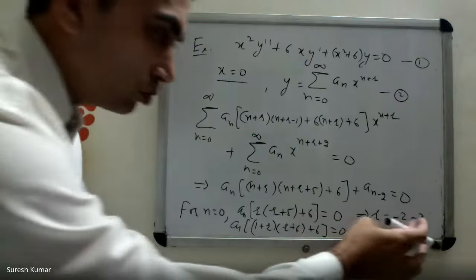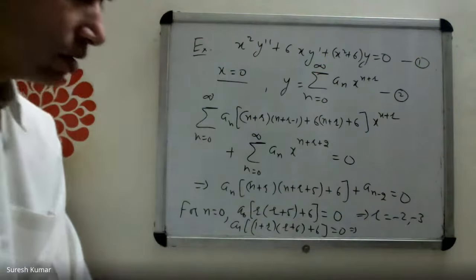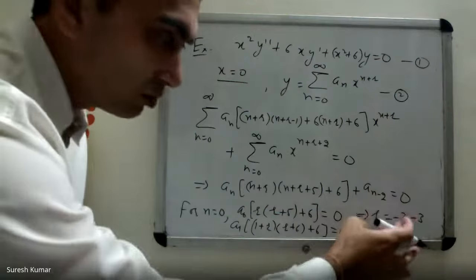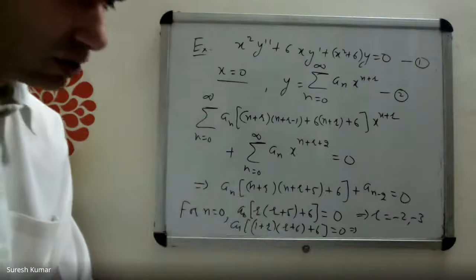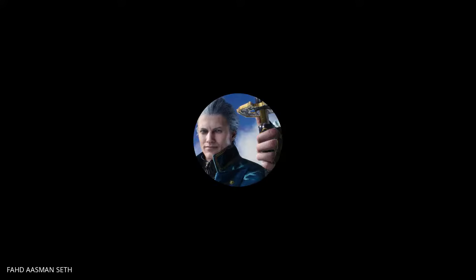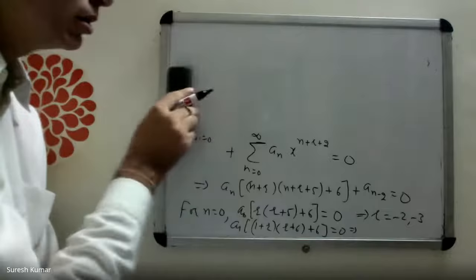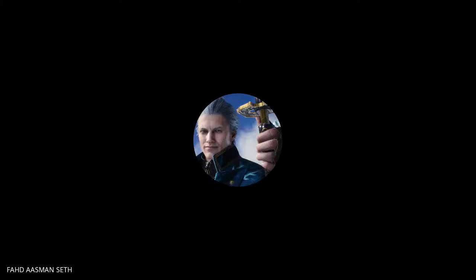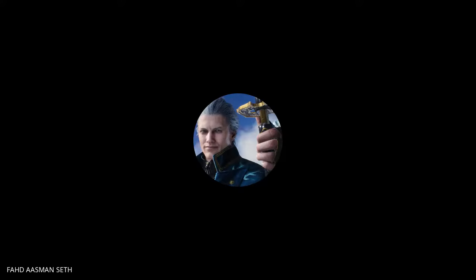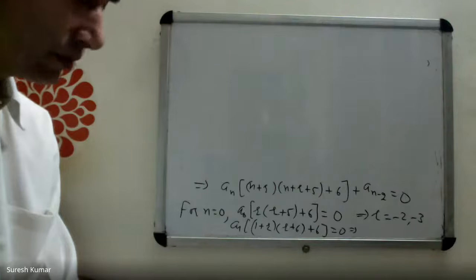So corresponding to minus 3, what is the situation of A1? I'm interested in minus 3. Minus 2, I'm sure I will get a solution. I want to check minus 3. A1 equals to 1? Check it again.